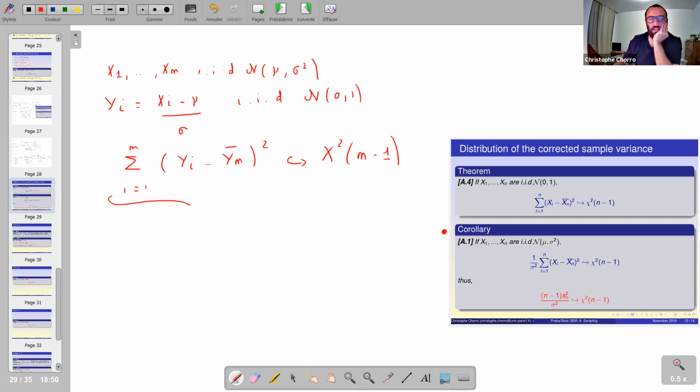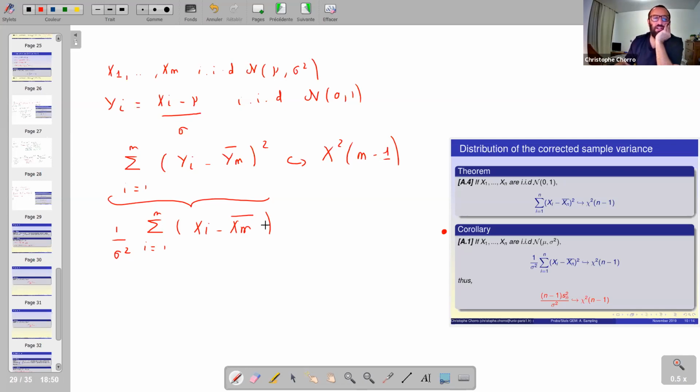And if I replace Yi by this quantity, I obtain simply, do the computation at home if it's not clear, but it's obvious, 1 over sigma squared that comes from this one, and then a simplification of the mu here. So the sum from i equal to 1 to n of (Xi minus Xn overline) squared over sigma squared follows the chi-square of parameter n minus 1.